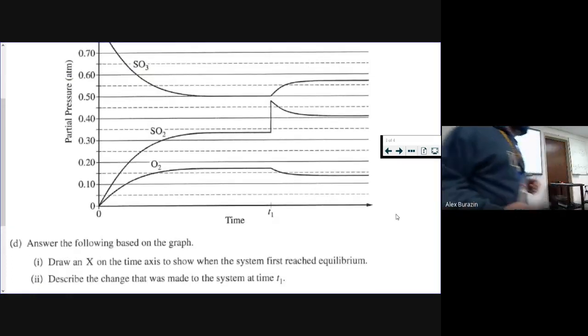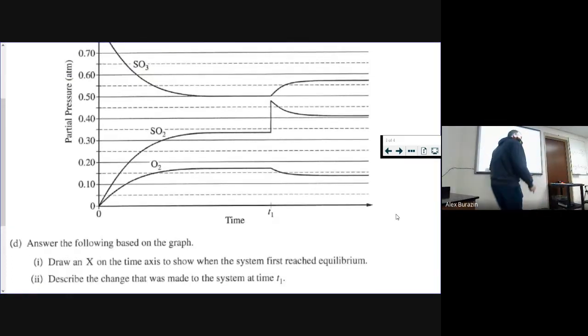All right, definition of equilibrium. What is equilibrium, right? The forward rate and the reverse rate are the same. And what would occur when the forward rate and the reverse rate are the exact same? Flatline. So this is molarity, or partial pressure of gases.